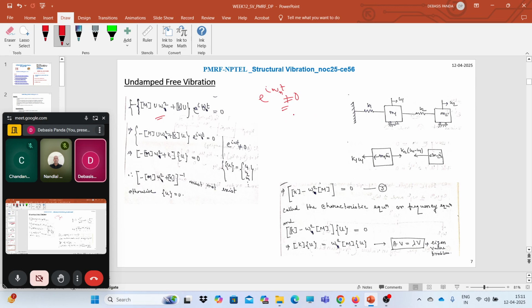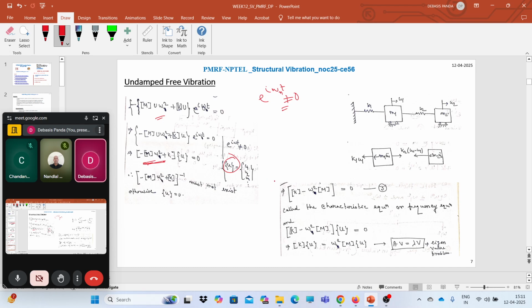So we are left with minus m omega square plus k, times u, equals 0. Now u, the response, cannot be 0. That means the inverse of this portion must not exist. If the inverse existed, then u would be 0, and we would not have any kind of response.